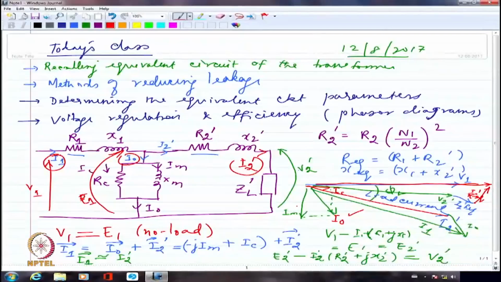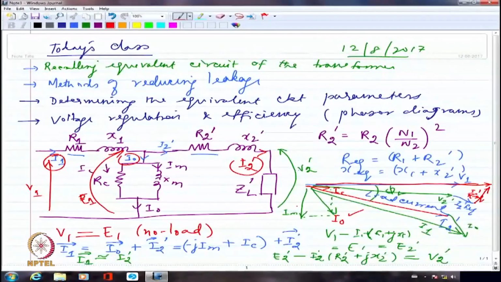So, it's okay if I neglect it. So, I am taking as an approximation I1 equal to I2 dash. Now, I take I1 or I2 dash into consideration and I take all the drops that are taking place in the series parameters like R1, R2 dash, X1, X2 dash.